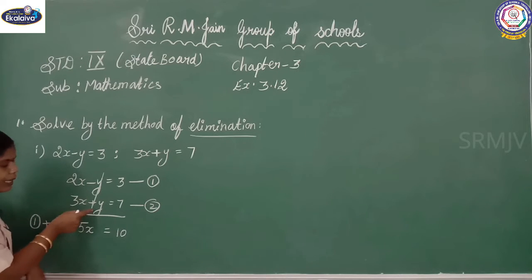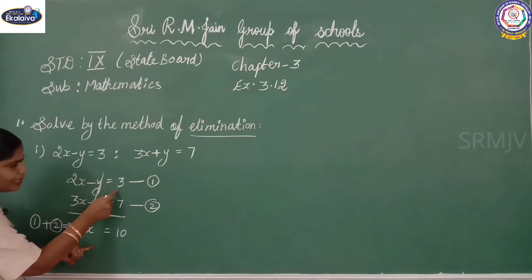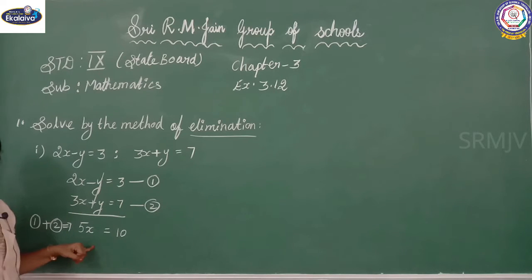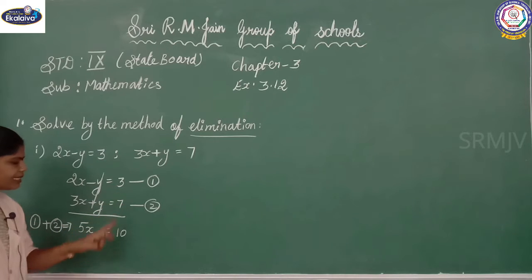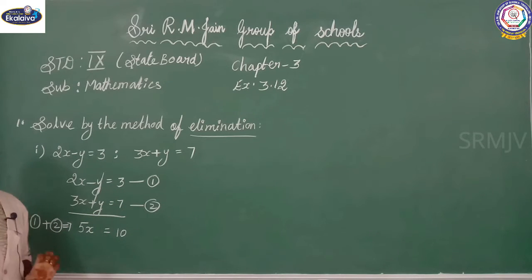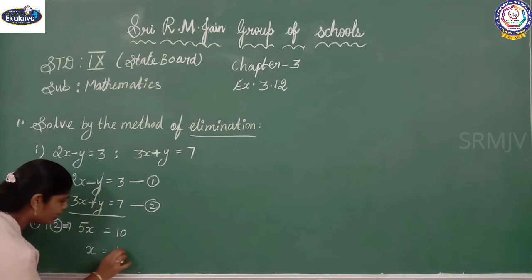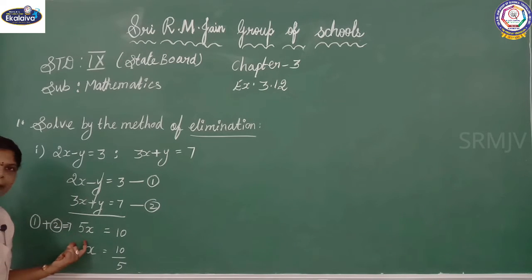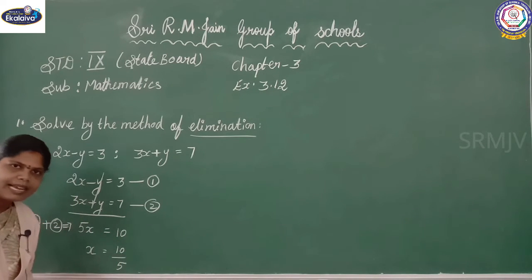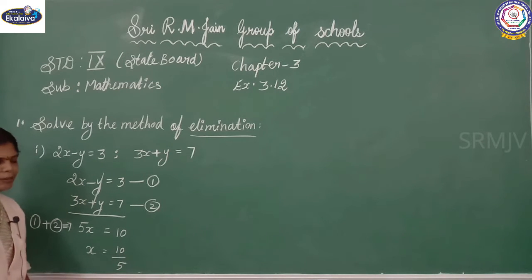Here minus y plus y cancel, equal to 3 plus 7, both numbers have the same sign, so you need to add. 3 plus 7 is 10. So 5x equal to 10. So x equal to 10 divided by 5, because multiplication changes to division on the other side. So x equal to 10 by 5.